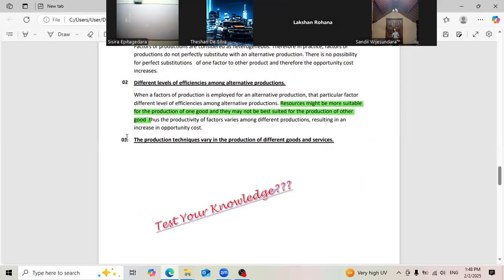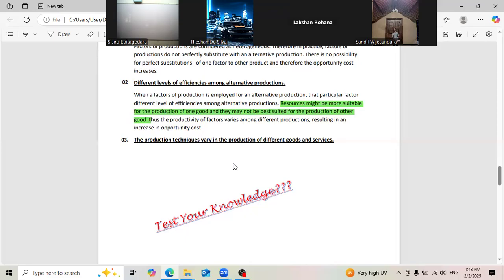Third one is production techniques vary in the production of goods and services. Every good has certain production techniques, and these production techniques are different for each product. Example, production techniques used in paddy industry or tea industry cannot be utilized for heavy manufacturing, maybe textiles, maybe vehicles, cars.